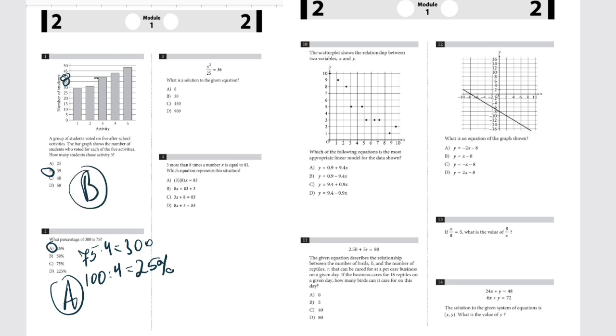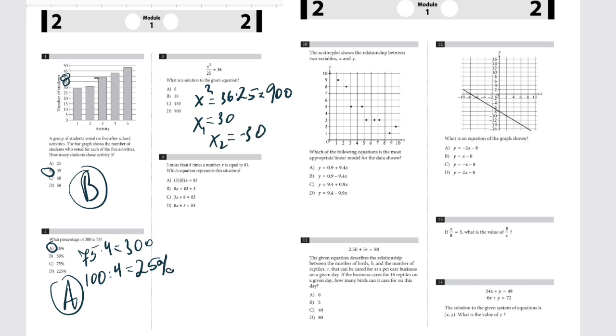What is the solution to the given equation? We have that x squared is equal to 36 times 25, which is 900, and we get x1 equal to 30 and x2 equal to minus 30.